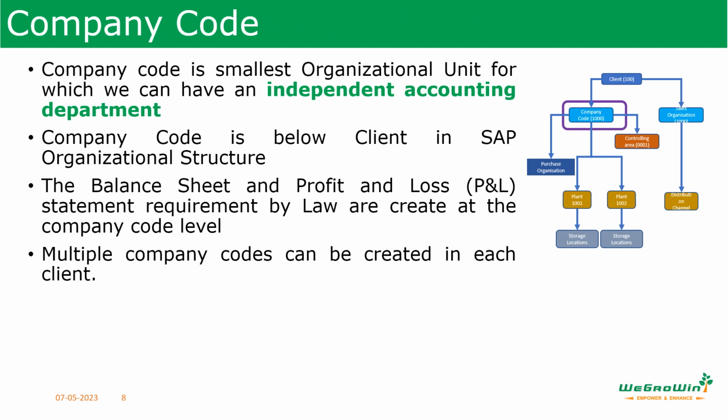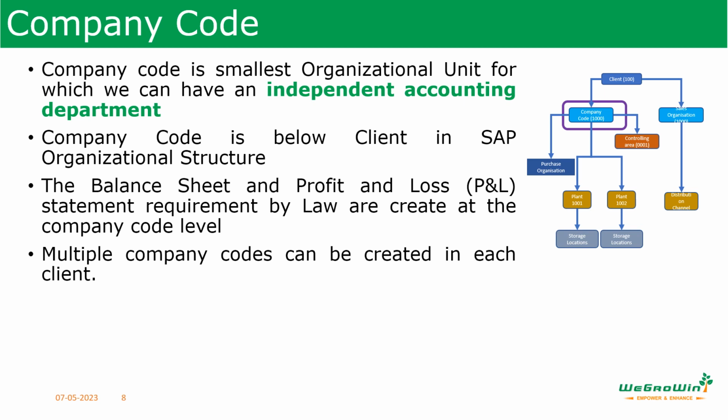Company code is the smallest organization unit for which we can have an independent accounting department. Company code is below client in the SAP organization structure. The financial statements like balance sheet, profit and loss accounts, and cash flow, required by law, are created at the company code level.